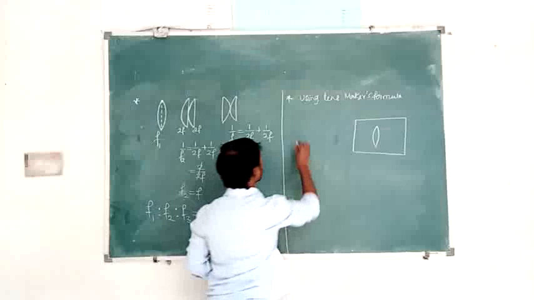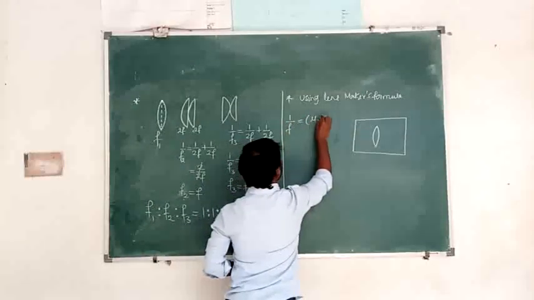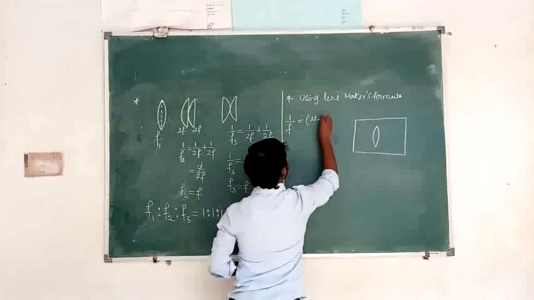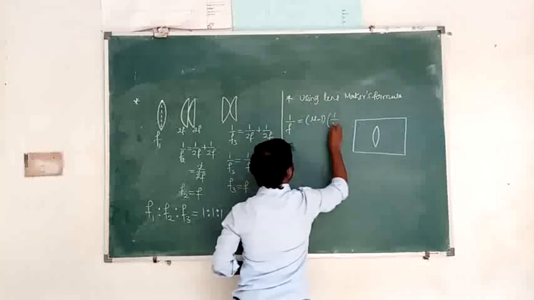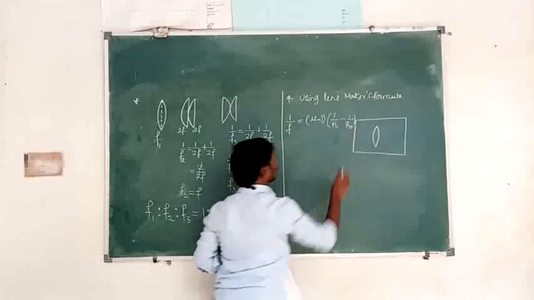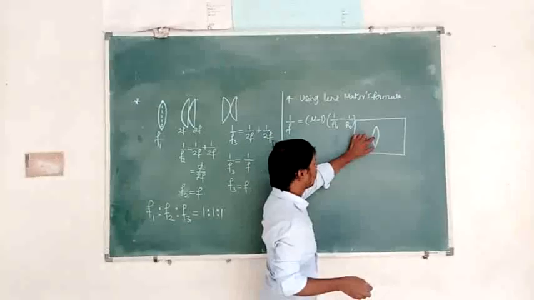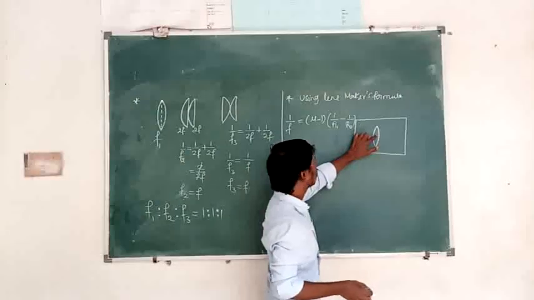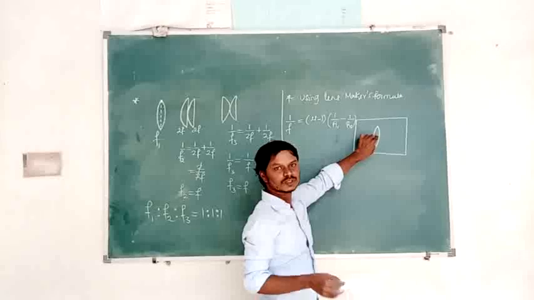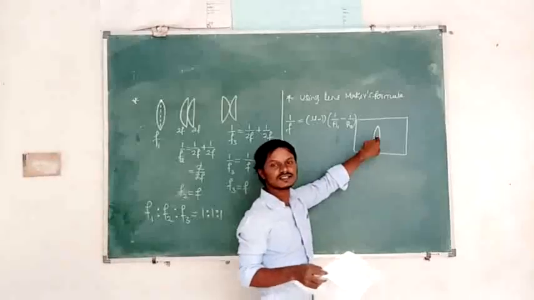What about the Lensmaker's formula here? 1 by f is equal to (mu minus 1) into (1 by r1 minus 1 by r2). It is Lensmaker's formula. So here, what is the refractive index of this medium? That is 1, because from which medium to which medium is light passing here?